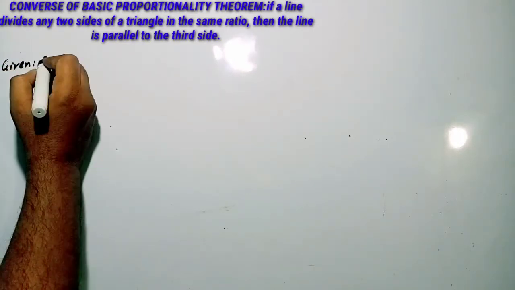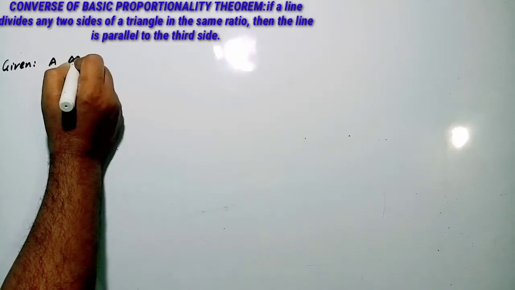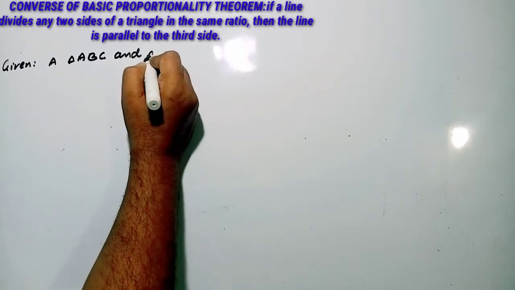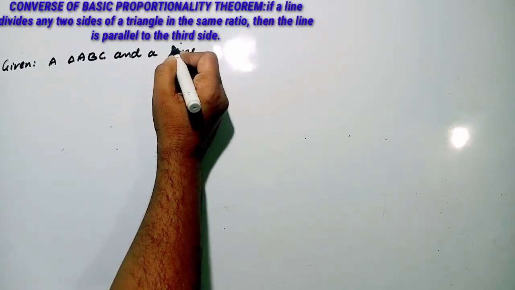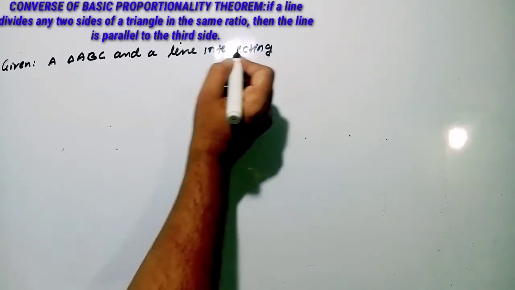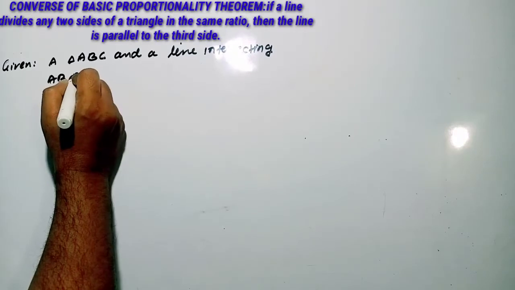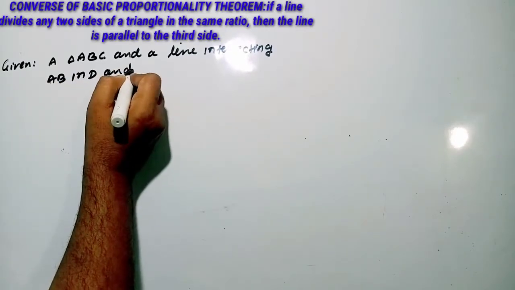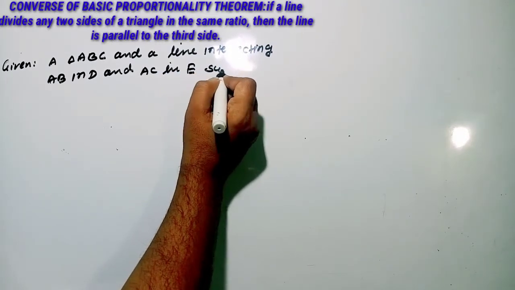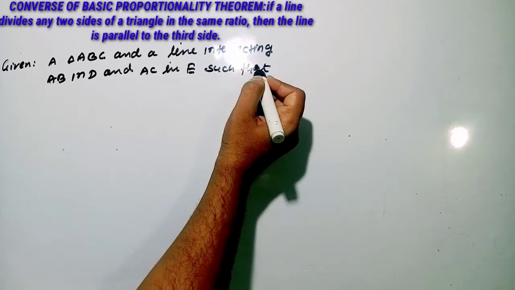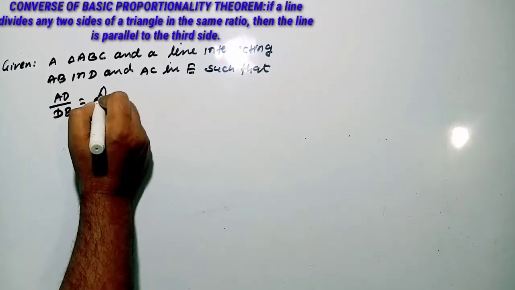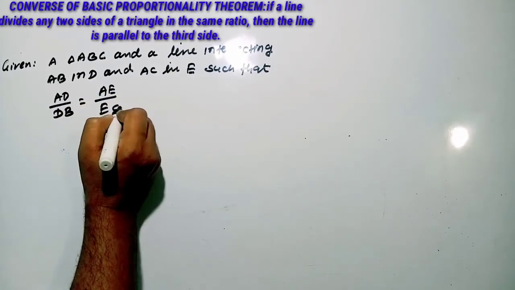So this time, what is given, students? Given a triangle ABC and a line that intersects AB in D and AC in E, such that the ratios are equal, meaning AD upon BD is equal to AE upon EC.